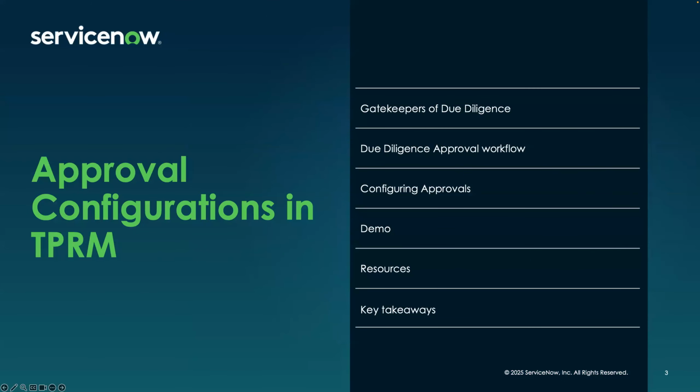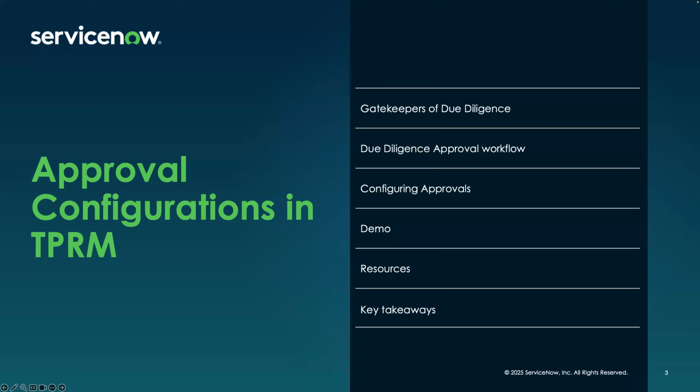We'll get into a critical aspect of effective third-party risk management today, that is the due diligence approval process. Think of it as establishing robust checkpoints to ensure thorough due diligence.